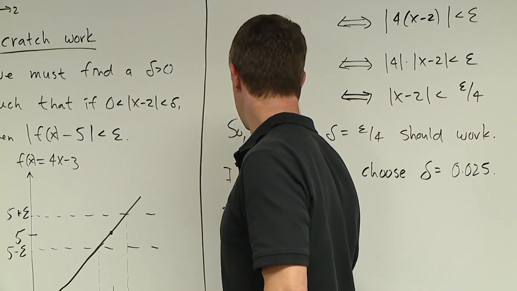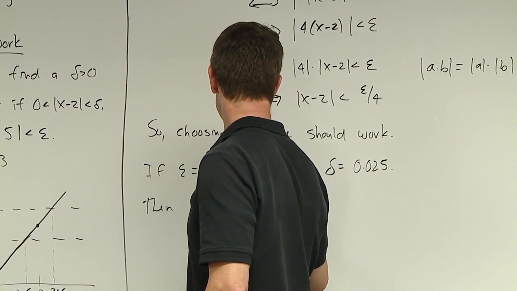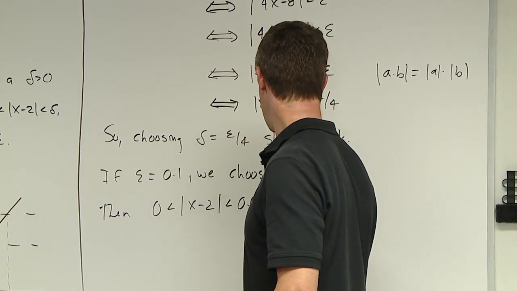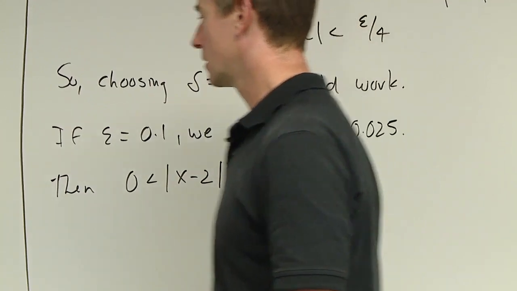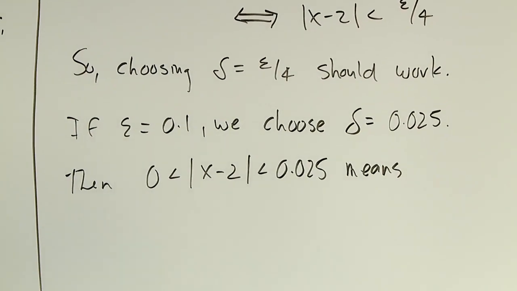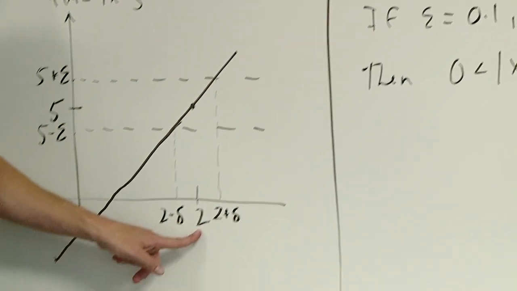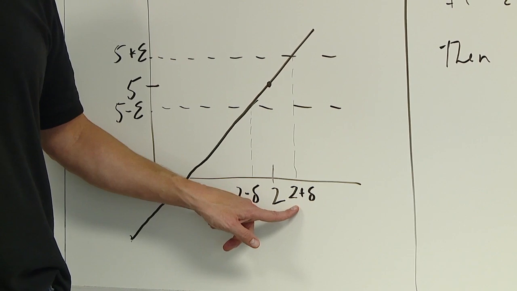So then what does 0 less than absolute value of x minus 2 less than 0.025 mean? That means x is going to be between where and where? I'm starting at x equals 2, and I'm going 0.025 in each direction, right?